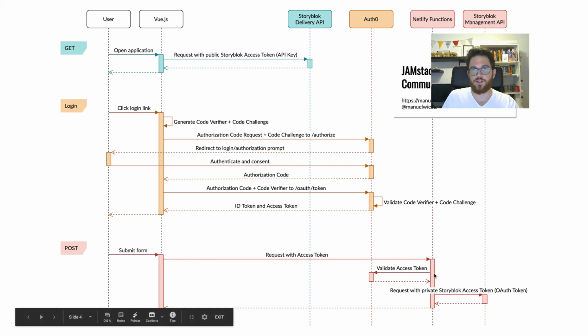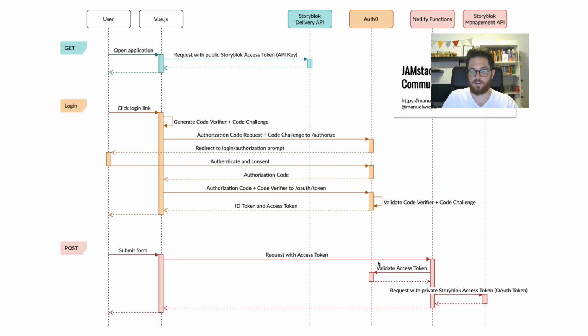And the serverless function can then take this access token and ask the identity provider, is this a valid JWT? Does this user exist? Does this user have the permission to do what he wants to do?